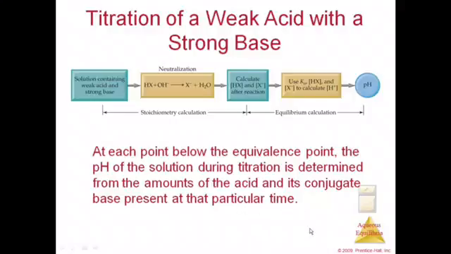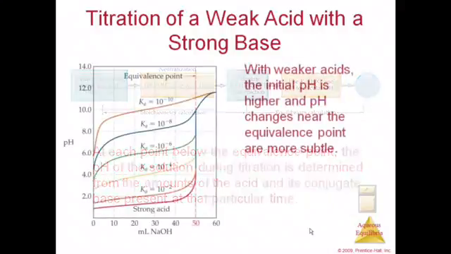So you know that you're probably going to be working with ICE tables more. Anytime you have a titration where you have one weak partner, whether that be a weak acid or a weak base, you're probably going to have to do some ICE tables. If they're asking you for a pH, they basically are asking you to do an ICE table.